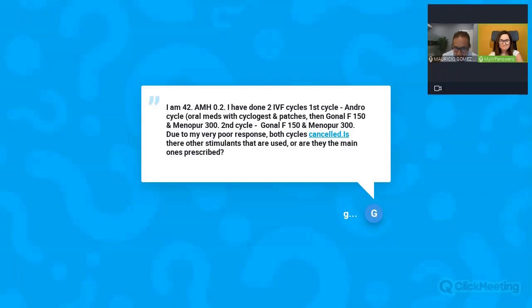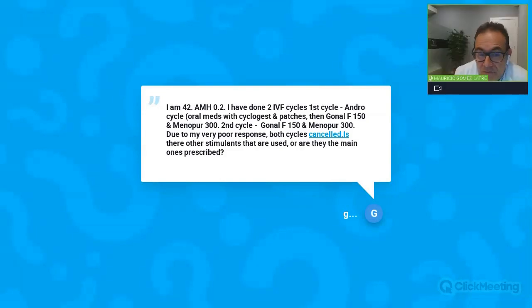In this case, I have to recognize we're talking about a difficult case, no? Sometimes, after trying with high doses of gonadotrophins, we haven't collected eggs to find a healthy embryo, it's a moment to think about changing the strategy.